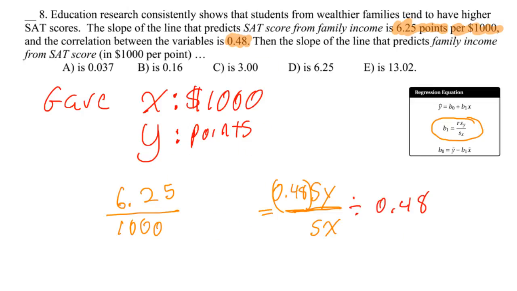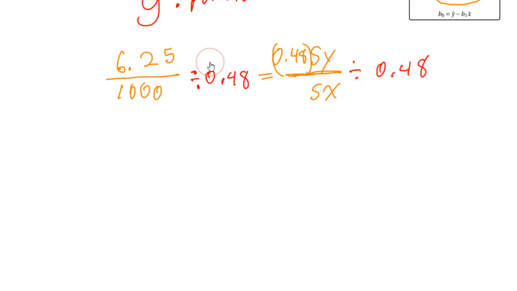I'm going to say 6.25 divided by 1,000, hit equal, and now divide that number by 0.48. And what I get is 0.0130, and then a bunch of other little numbers, is equal to sy over sx.